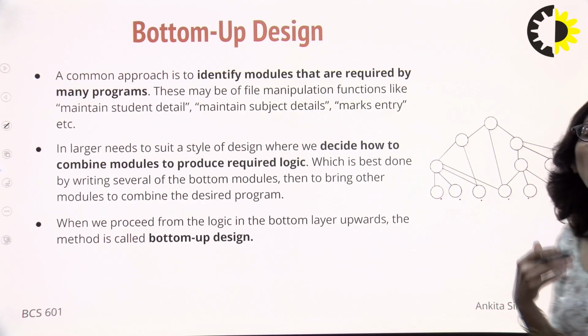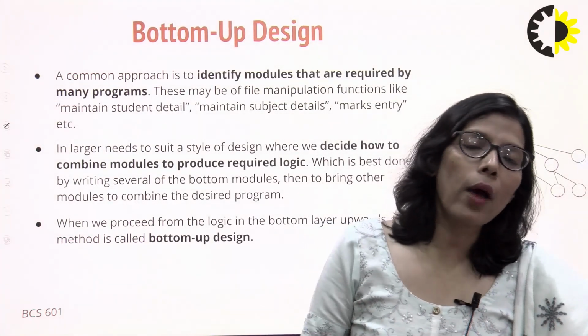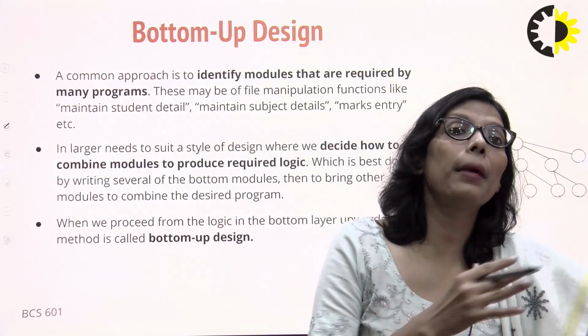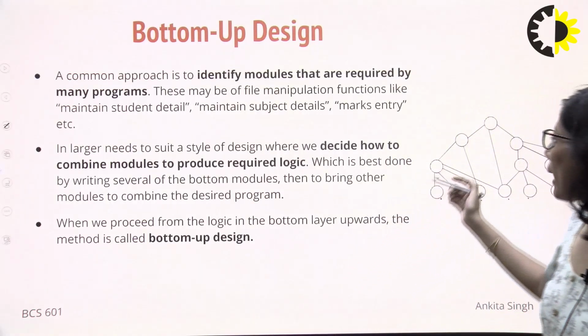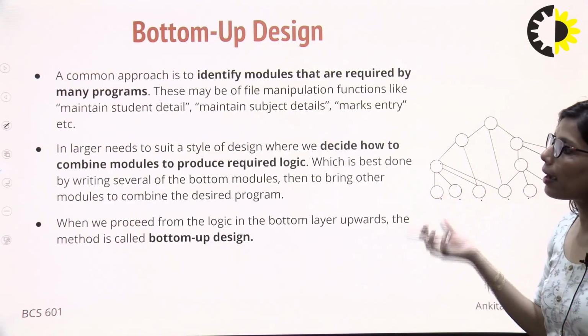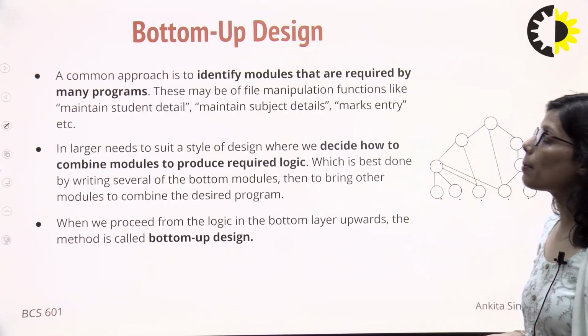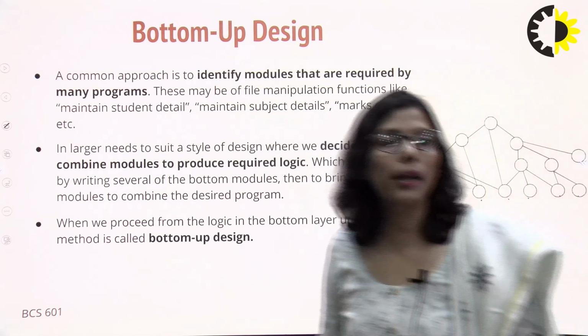How are we going to identify those modules? We have to keep in mind that we identify first those modules which can be used by multiple programs at the upper side. These may be file manipulation functions like maintain student details, maintain subject details.